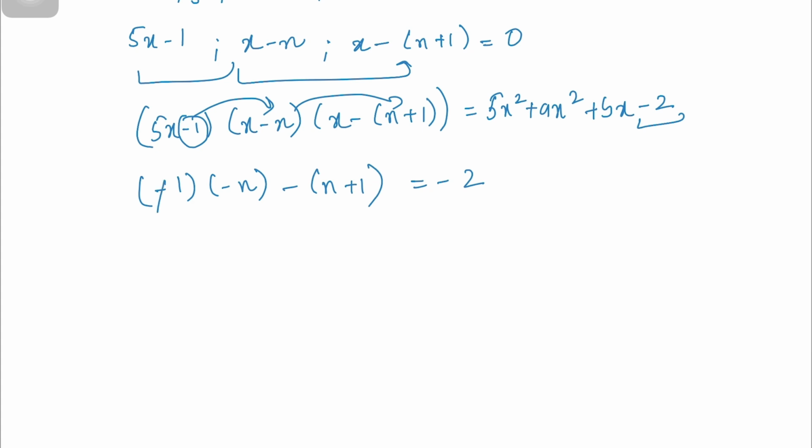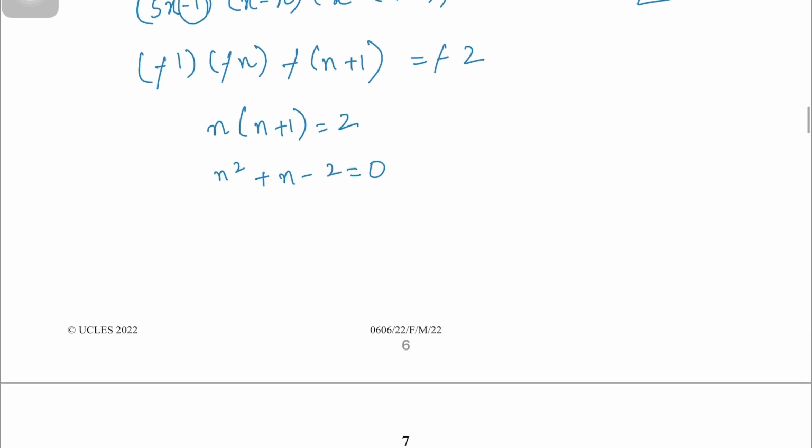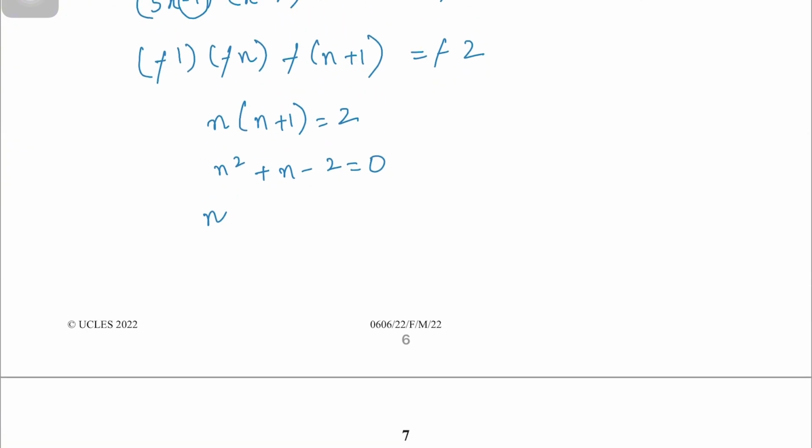So this negative and negative would be positive, and the other negative cancels out. So we get n into n plus 1 equals 2, and then n squared plus n minus 2 equals 0. We solve this and we get n as minus 2. We get a positive answer as well.